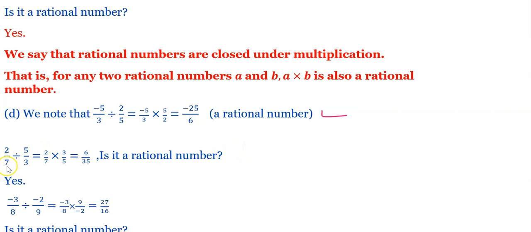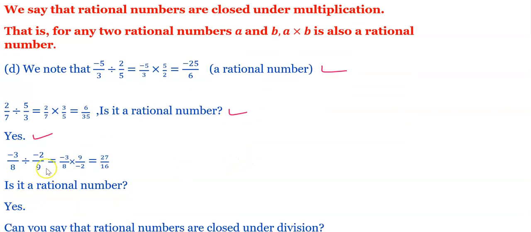Again, 2/7 divided by 5/3 is 2/7 into 3/5, then you will get 6/35, which is again a rational number. Yes, it is a rational number. -3/8 divided by -2/9 is -3/8 into 9/-2. Minus minus becomes plus, that is 27/16, which is also a rational number.